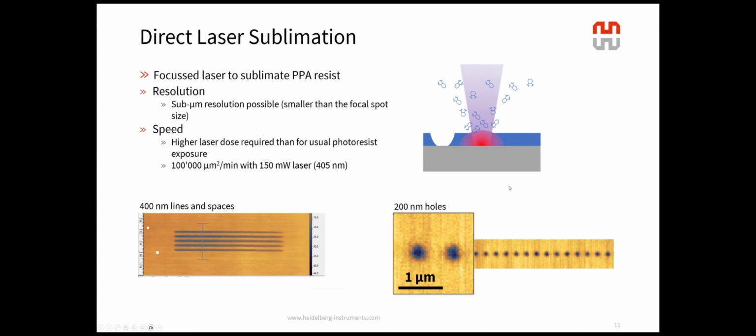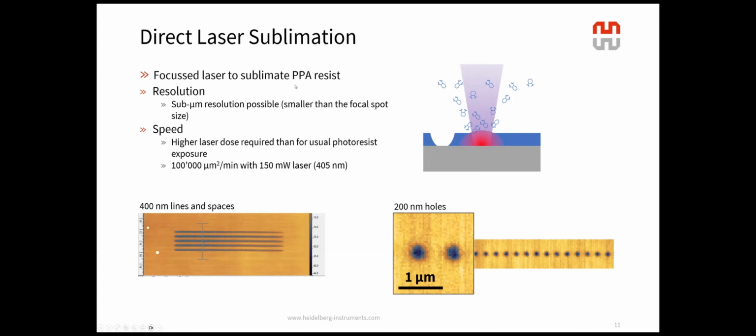Another important concept in the NanoFrazor technology is the direct laser sublimation. For the NanoFrazor Explore models, it's possible to also use the laser to sublimate material. In this case, the concept behind the lithography is the same.